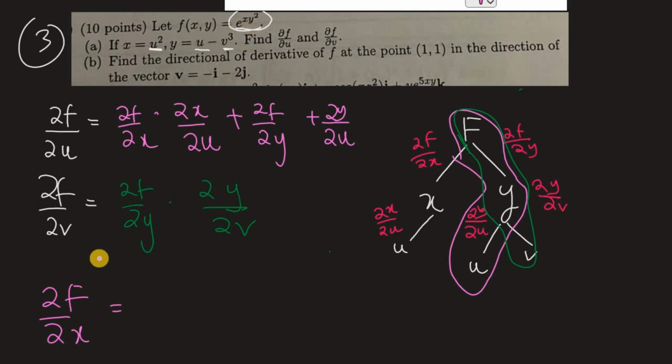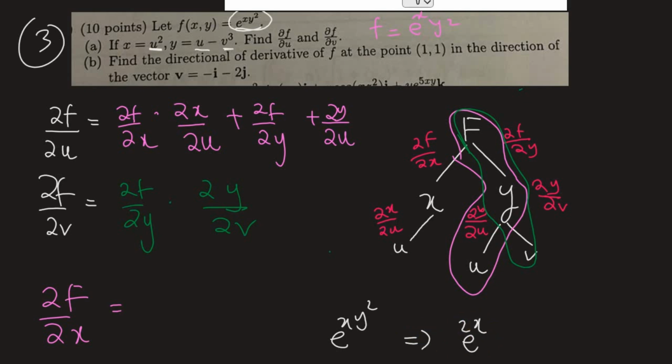The function f that we have over here is e^(xy^2), okay? e^(xy^2). So we are taking the partial derivative with respect to x, which means we are treating y as a constant. So this e^(xy^2), let's just say it is the same thing as e to the power of 2x, right?